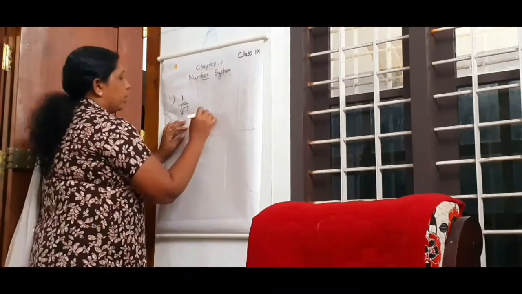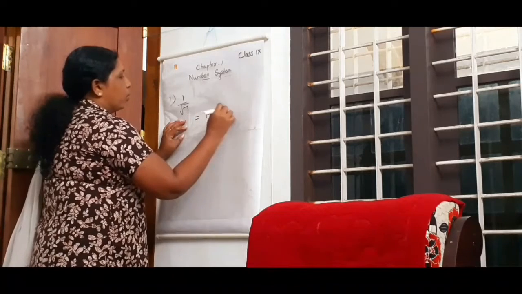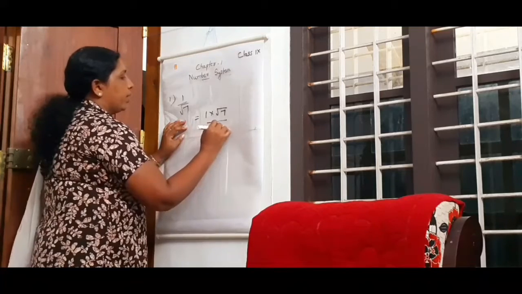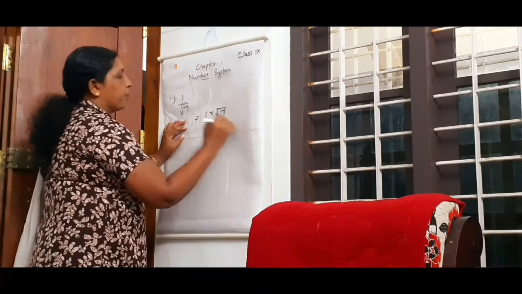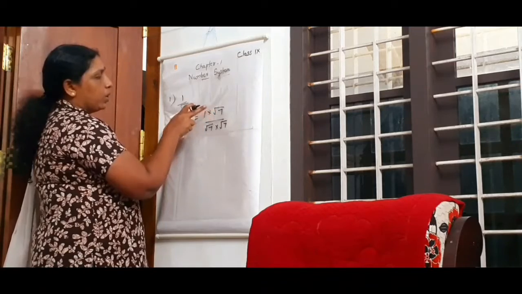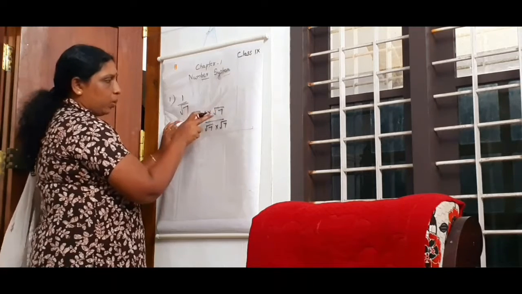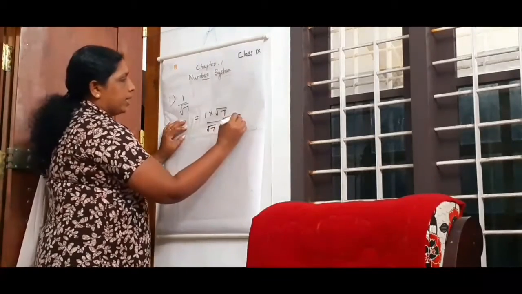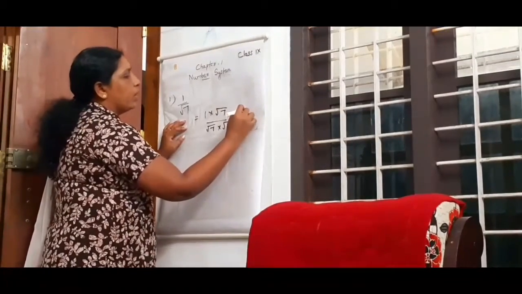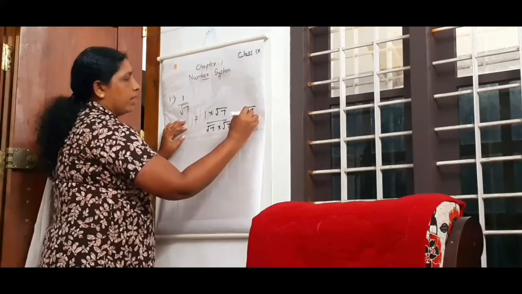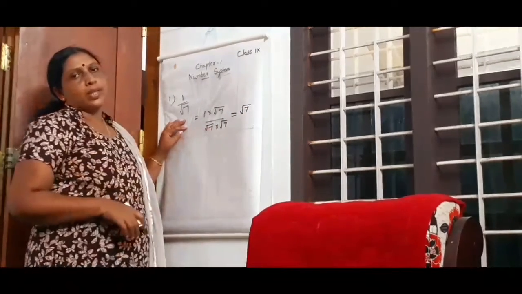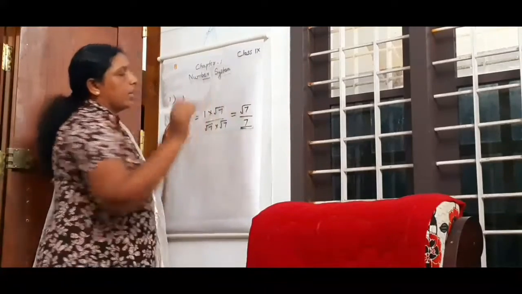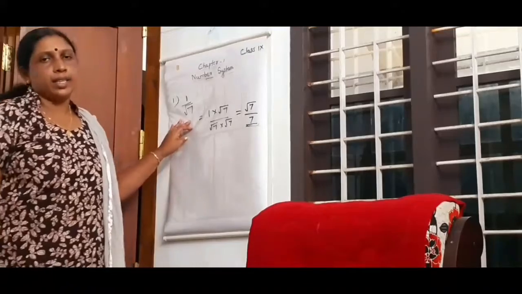So 1 into root 7 divided by root 7 into root 7. I multiply with root 7 in the numerator and denominator. So 1 into root 7 is root 7, then root 7 into root 7 is 7. So the answer is root 7 by 7.